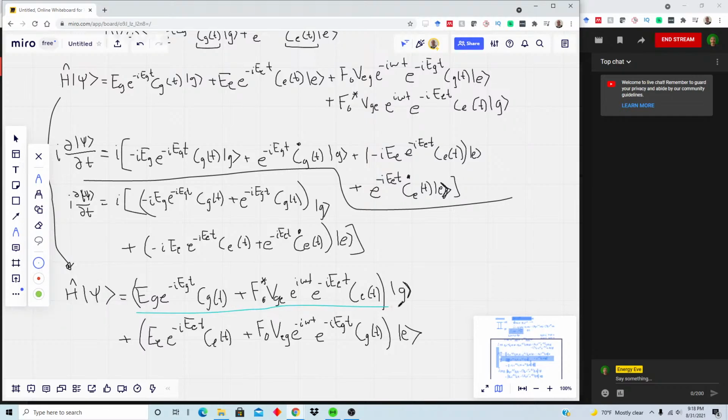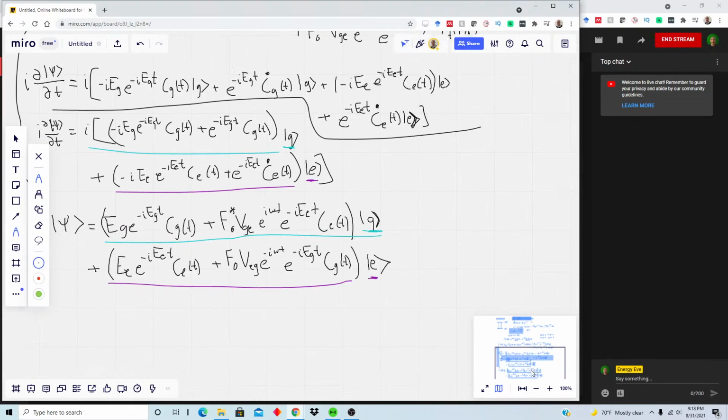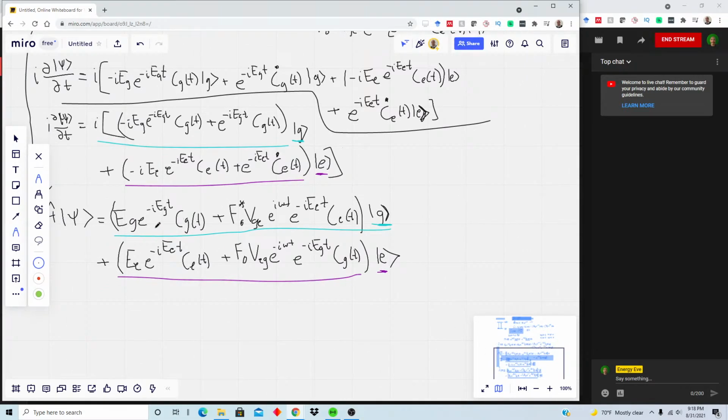This term right here, because it's the G term, has to match this term for this G term. And then this term for the E term has to match this one for this E term. And so it's going to lead to some more fun calculations. And so let's set them equal to each other, right?